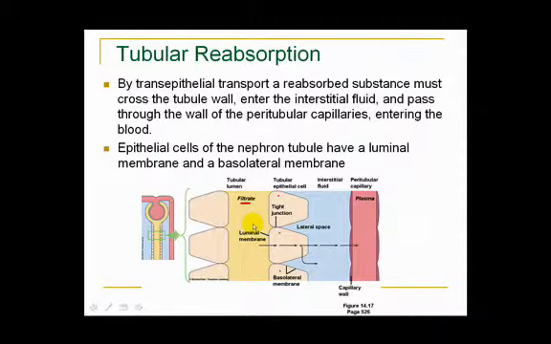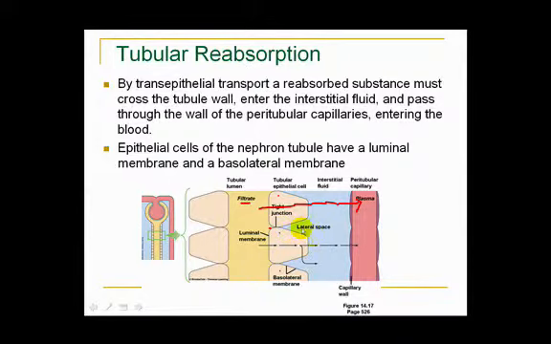So if you want to reabsorb something, it needs to move either through the spaces, but you have tight junctions. It basically needs to go through the epithelial cell, into the interstitial fluid, and then into the plasma. So we call this the luminal membrane here, which is the side of the epithelial cell that lines the lumen of the nephron.